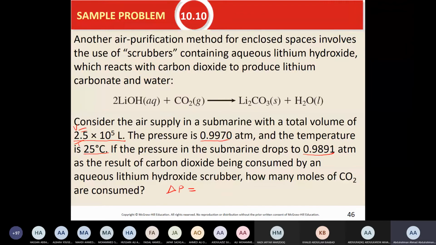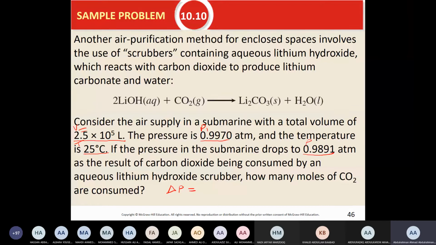What's delta P? This is P1, and this is P2.